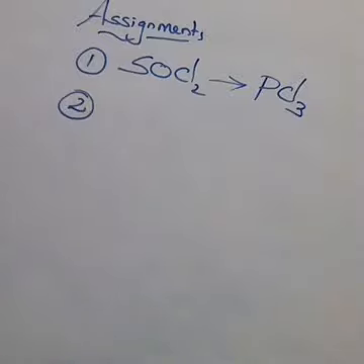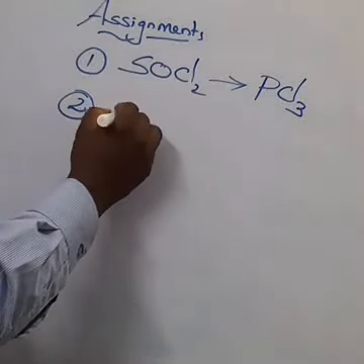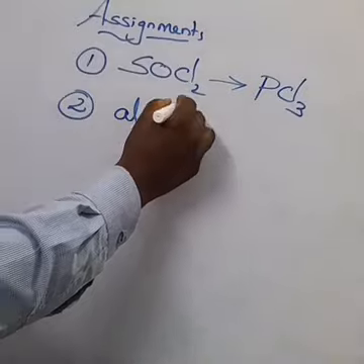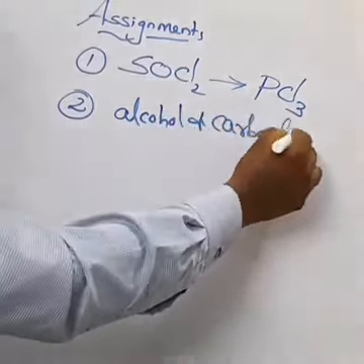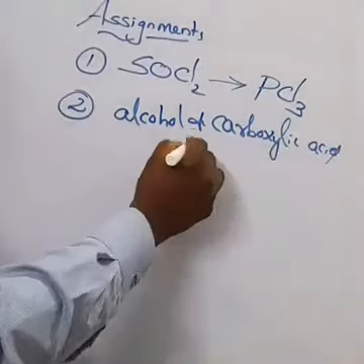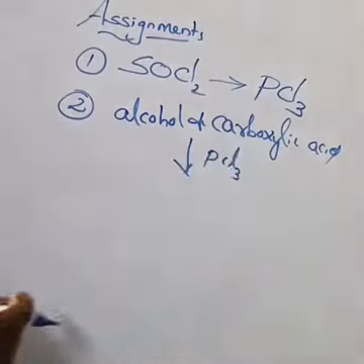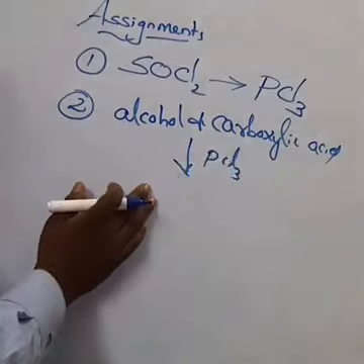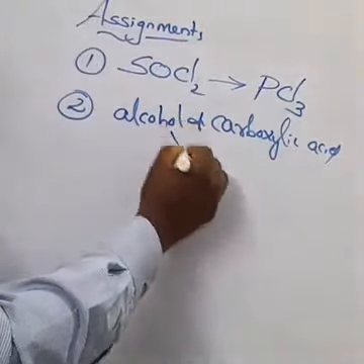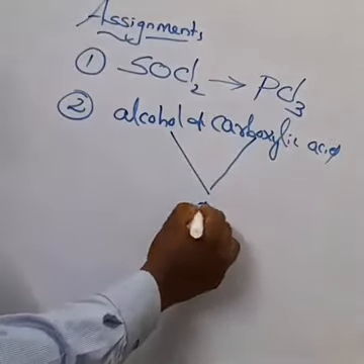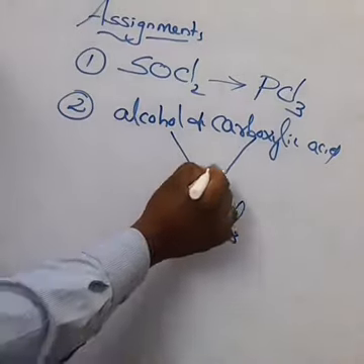Second question: what happens when alcohols and carboxylic acids react with PCl3 and PCl5? What happens when alcohols react with PCl3? And one more question: what happens when carboxylic acid reacts with PCl3?